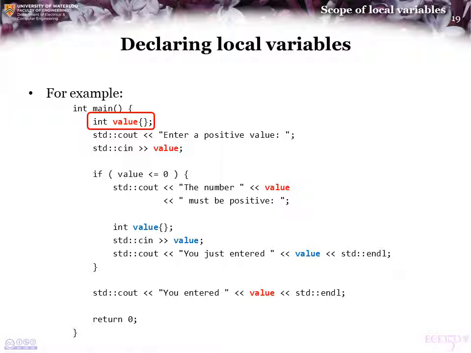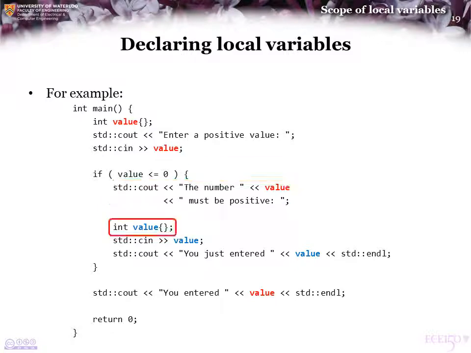Now, if value is less than or equal to 0, then we indicate to the user that the value that was entered must be positive. This identifier value continues to refer to the previous local variable declared at the start of the function main.